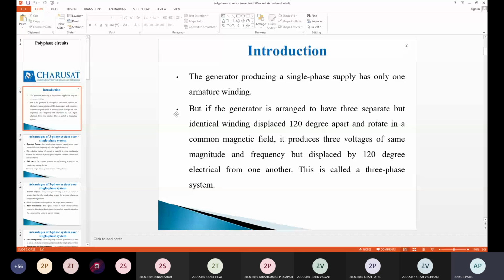For single phase generation, what do we need for single phase AC generation? You already studied this in AC fundamentals. How can we generate this AC supply?